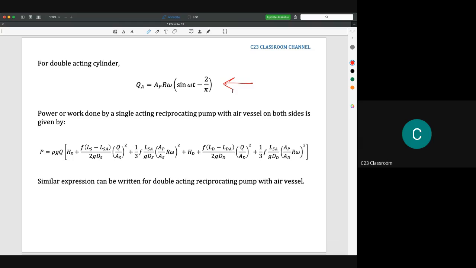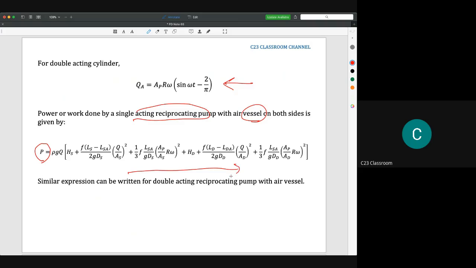And then finally, this is the total work that we could calculate for a single acting pump with a vessel. Previously I gave you one equation to calculate the power for a piston pump, the reciprocating pump without any air vessel. If you have an air vessel, you need to calculate like this one.